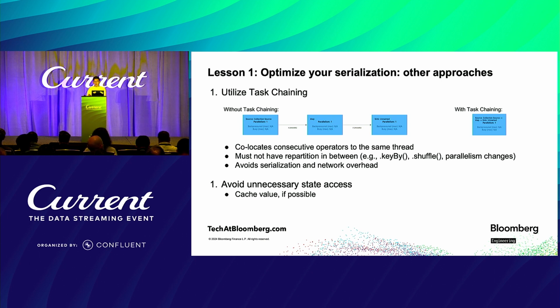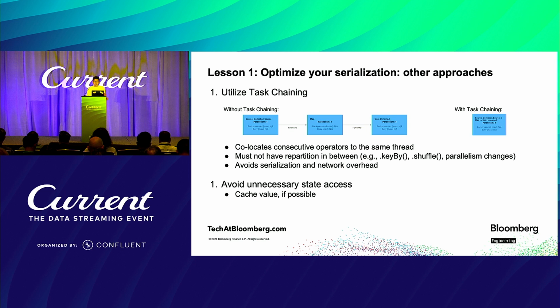By doing so, we can avoid some serialization overhead as well as network overhead when we are passing records from operator to operator. In order for two operators to be chained together, there must be no repartitioning happening in between. What that means is your operators need to have the same parallelism configured, and there must be no key bias or shuffling in between your operators.